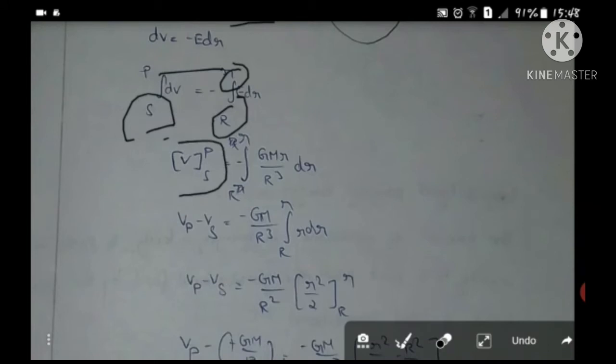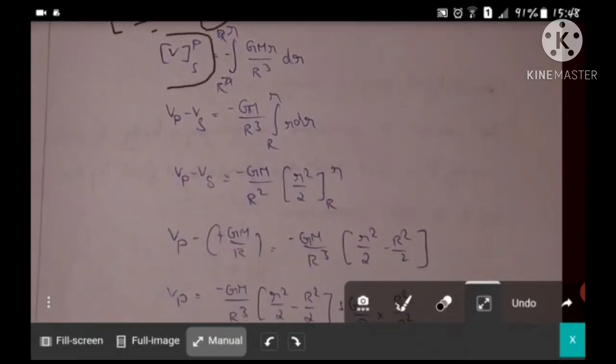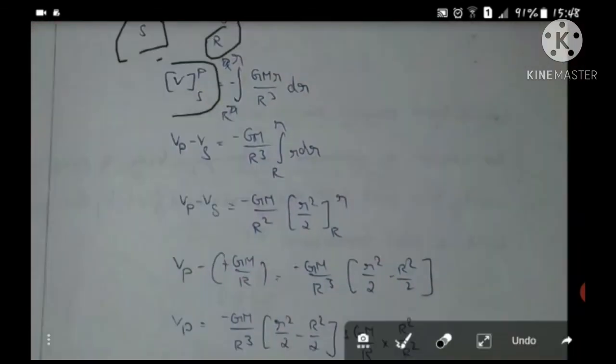V from S to P is equal to minus integral capital R to small r of GM r by R cube into dr. Then we solve: Vp minus Vs is equal to minus GM by R cube integral capital R to small r of r dr.